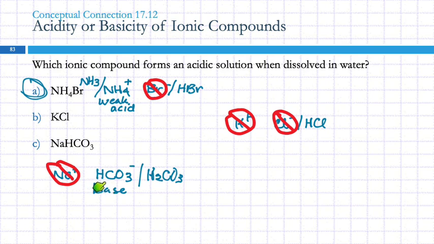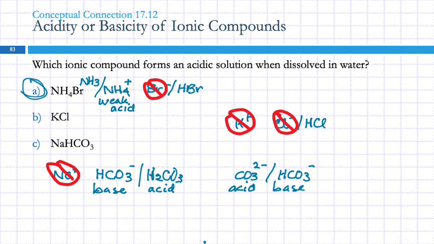This can act as an acid or a base, because we can write the conjugate acid for it, but we can also write the conjugate base. So acid, base, base, acid. It's amphoteric.